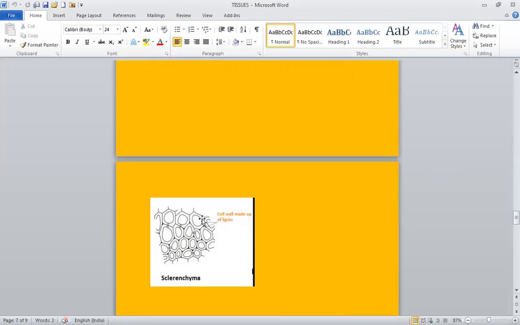You can see uniformly thickened walls, cell walls made up of lignin, which is uniformly thickened. The cells are closely packed like the tiles of a floor. There are no intercellular spaces. Excessive thickening of the cell wall is reducing the lumen.